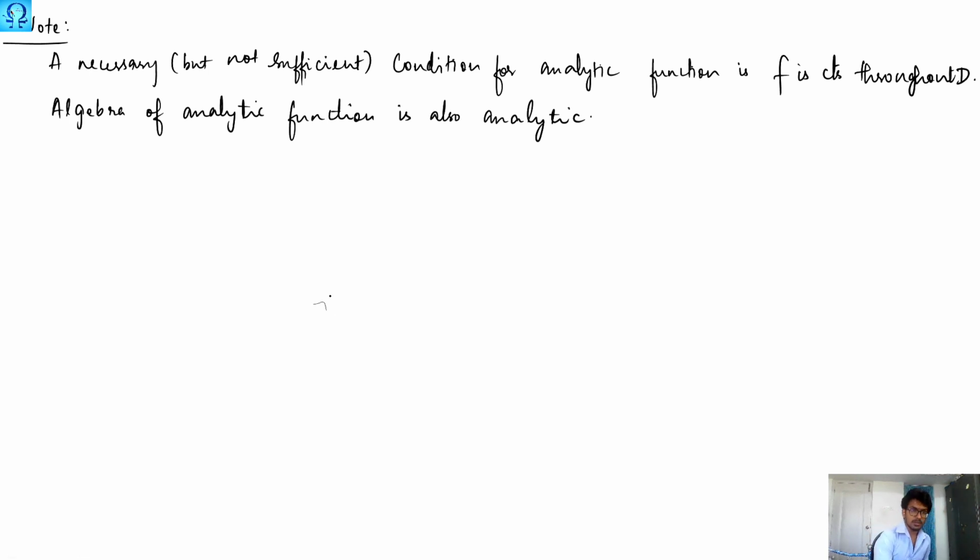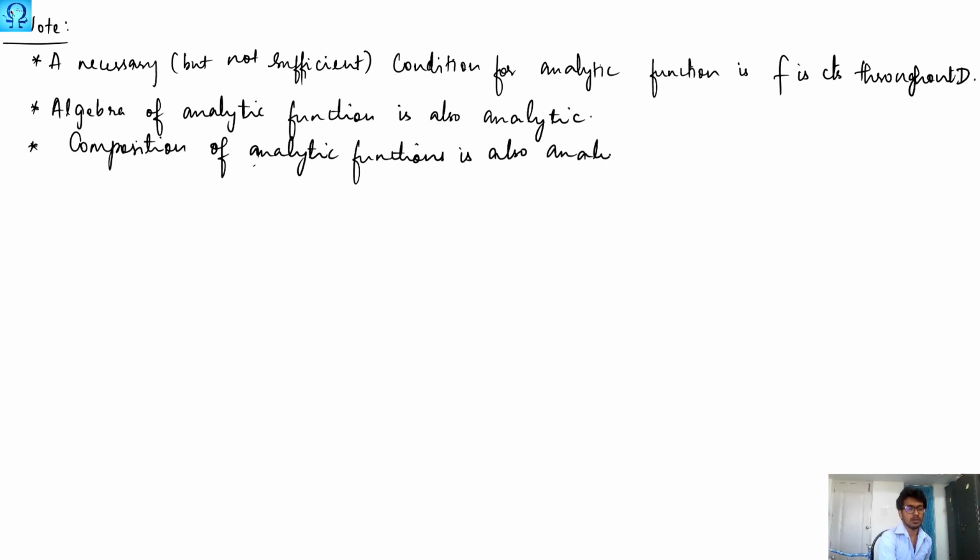So this is the first note, and this is the next note: the composition of analytic functions is also analytic. Here we are not going to prove any of these things, we just see that they happen to be true.